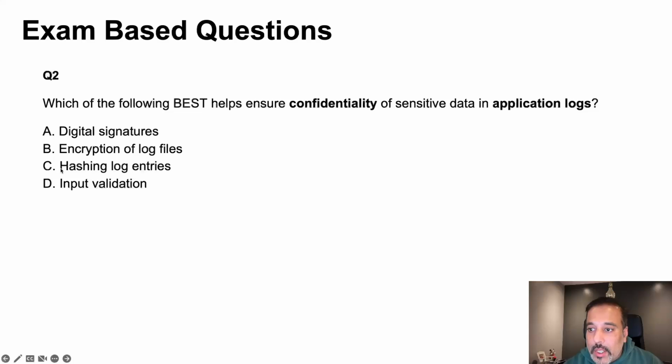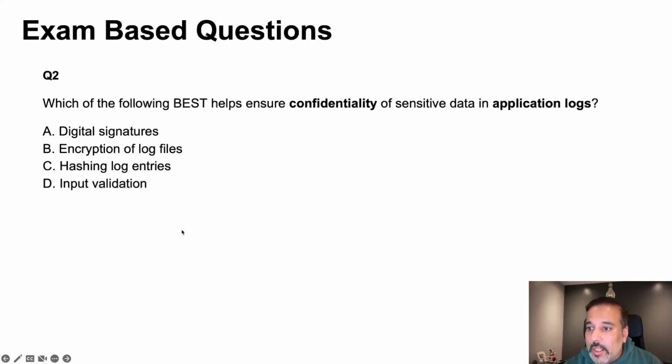The second option is hashing log entries. Now hashing is a one-way thing. Once you hash the entries, you cannot unhash them, so there is no way you can select hashing. Input validation does not apply over here because that is not a core concept in terms of the basic integrity, availability, and confidentiality.